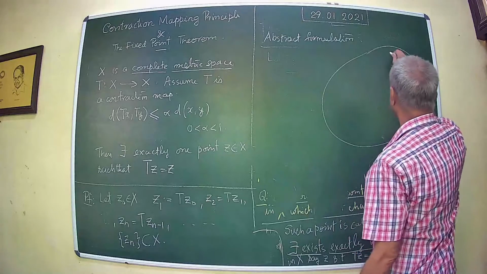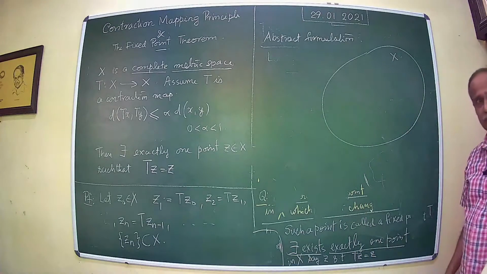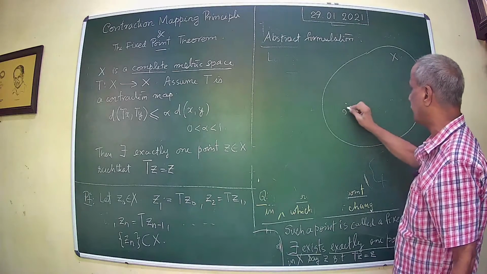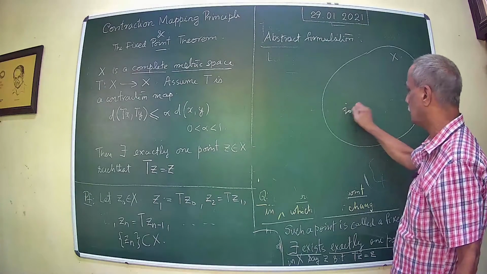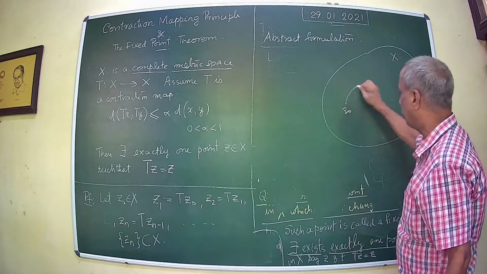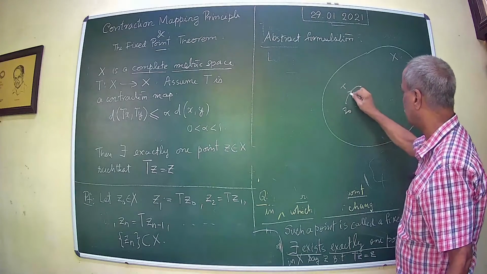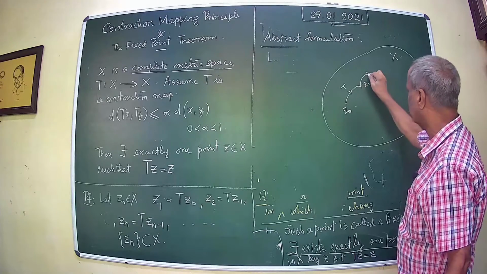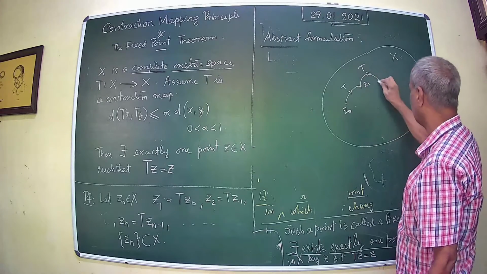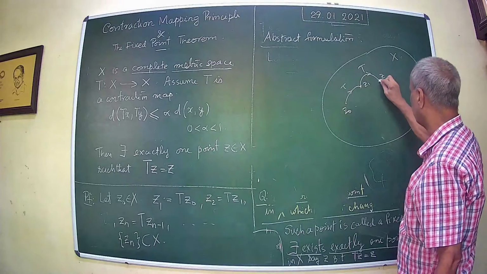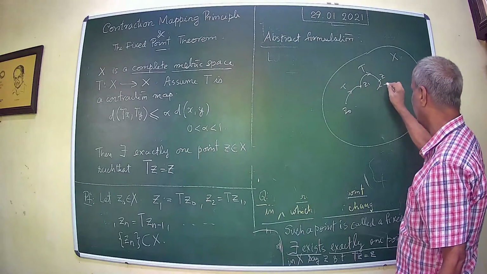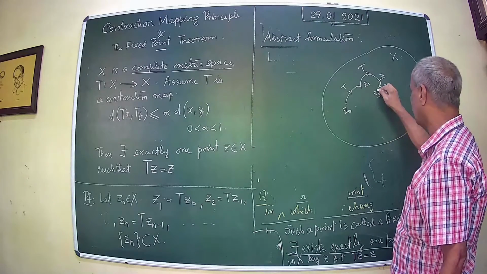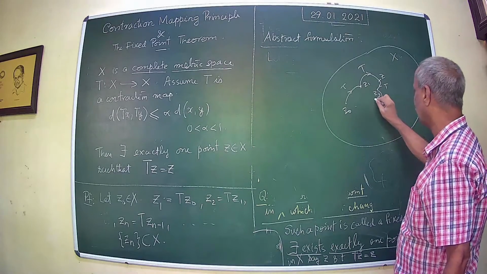Suppose this is your metric space X with all those conditions. Now what you do is you start with a certain z0, map it with T, get z1, map it with T, again you get z2, map it with T, you will get z3, and so on.